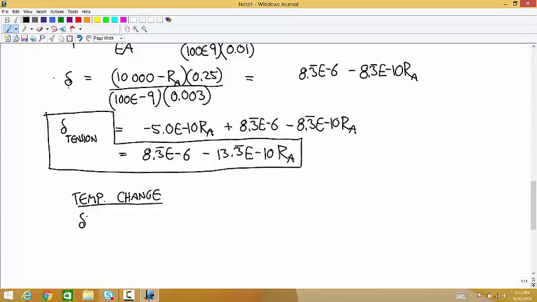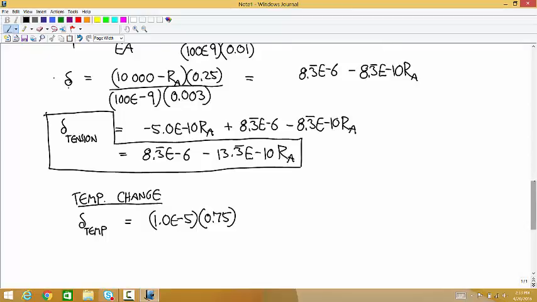The elongation is equal to the coefficient of thermal expansion times the length, and for this one we can include the whole length, times the change in temperature.